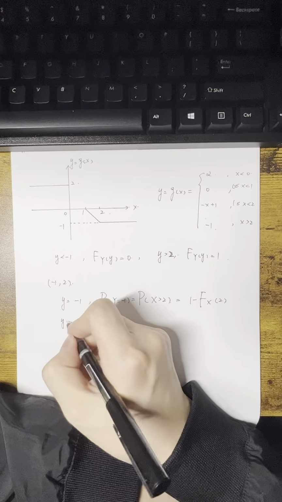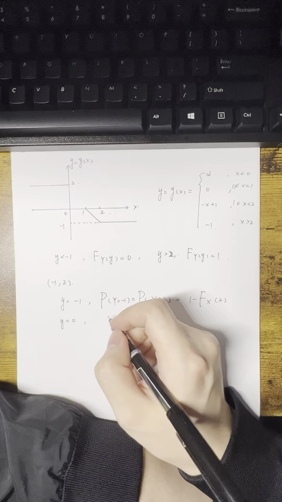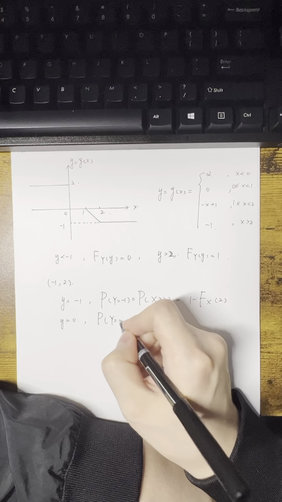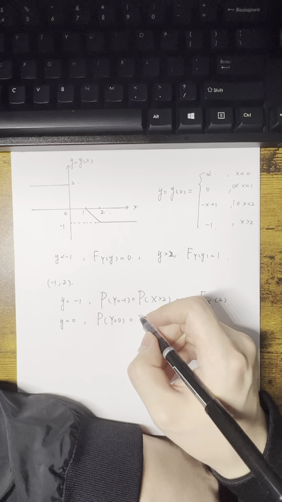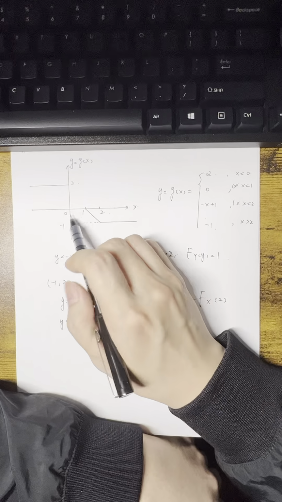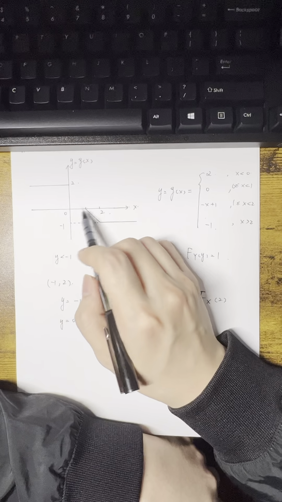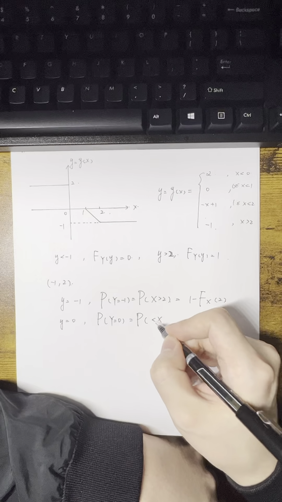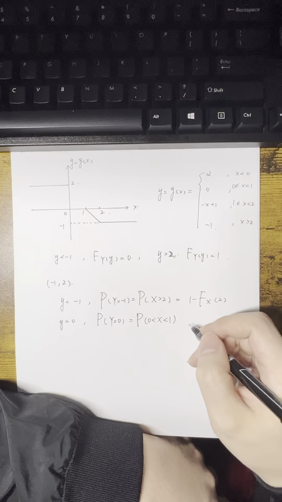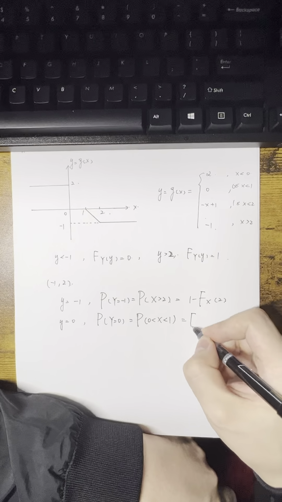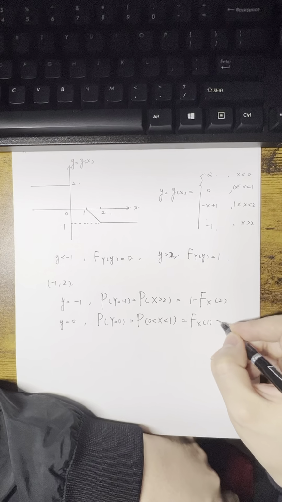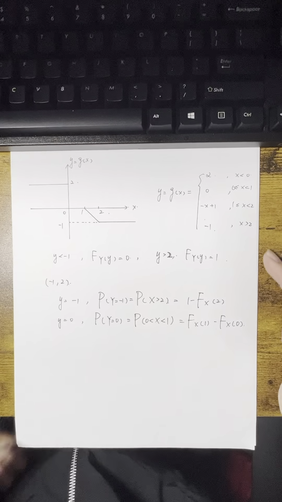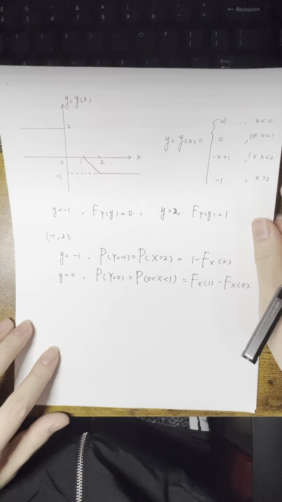And when Y equals 0, the probability that Y equals 0 is equal to the probability that X is between 0 and 1, since when X is between 0 and 1, Y equals 0. This is F_X(1) minus F_X(0).